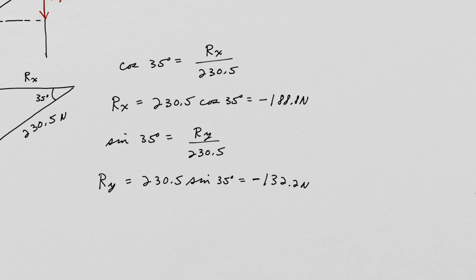Okay, what if I give you the components and I ask you to find the magnitude and direction of the vector? Okay, let's do a problem like that. So let's say I tell you that we have a vector C, and let's say I give you the fact that Cx, the x component of C, is 5.5 meters.